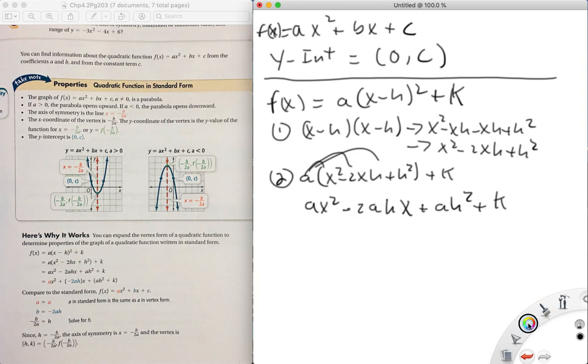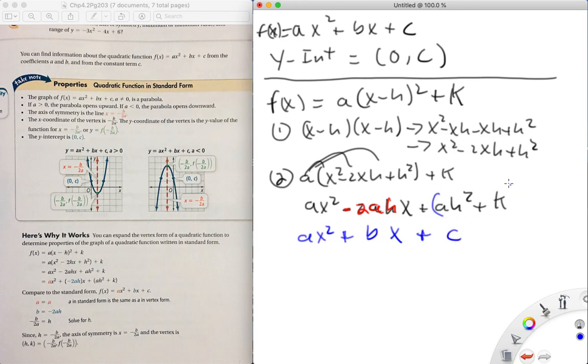Okay, so let's look at that second part here. The negative 2ah. Alright, and we're going to make a comparison to standard form, which is ax squared plus bx plus c, right?